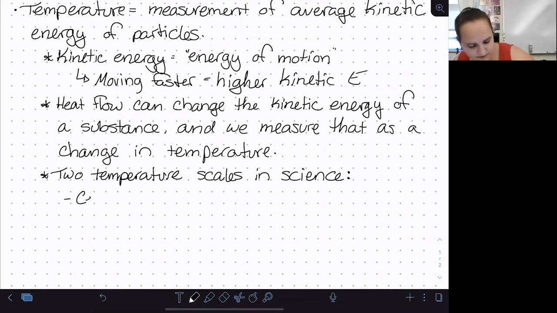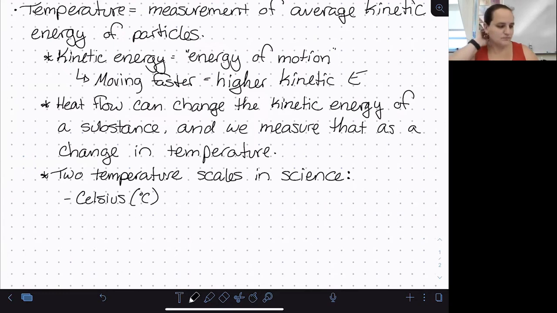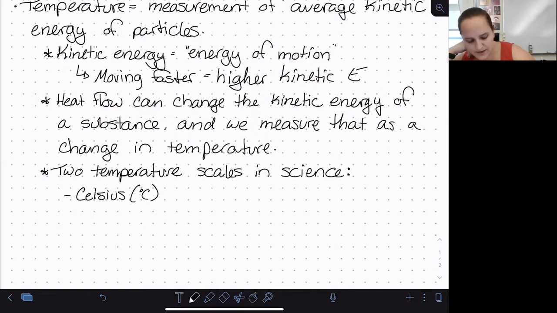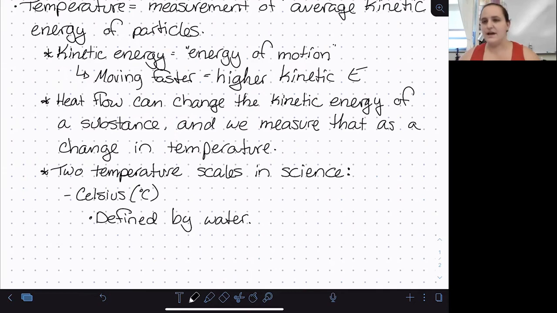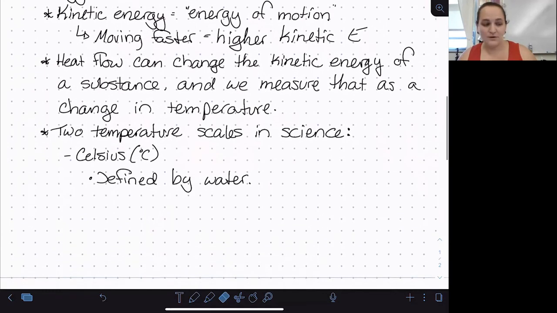So we've got Celsius, which is abbreviated degrees C, degrees Celsius. The Celsius scale, when it was created, is defined around water. Science decided that it would be convenient to have a temperature scale where everything was based around the temperatures at which water is a liquid, because that is how things tend to exist on Earth. Those are the most common temperatures that we encounter.